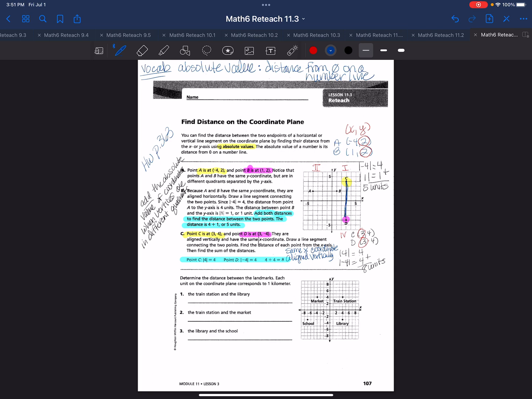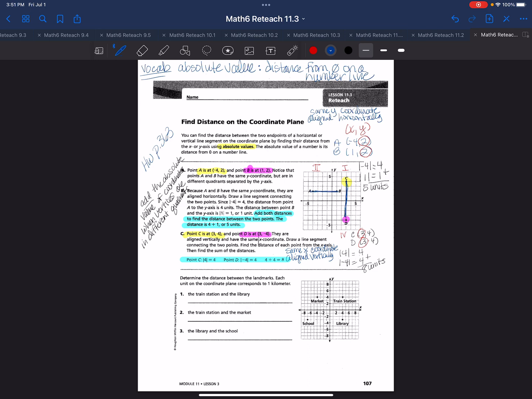And then up here, in this example, when they had the same y coordinate, they are aligned horizontally. So again, between points A and B, they're aligned horizontally.